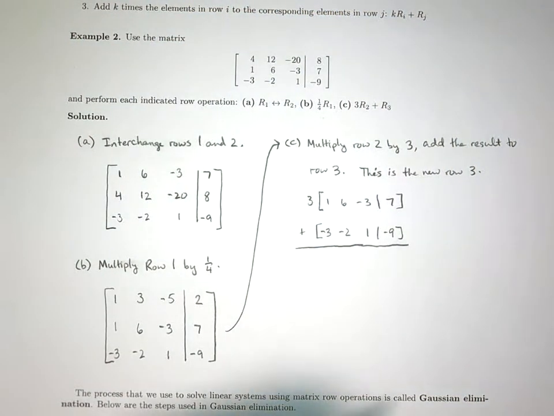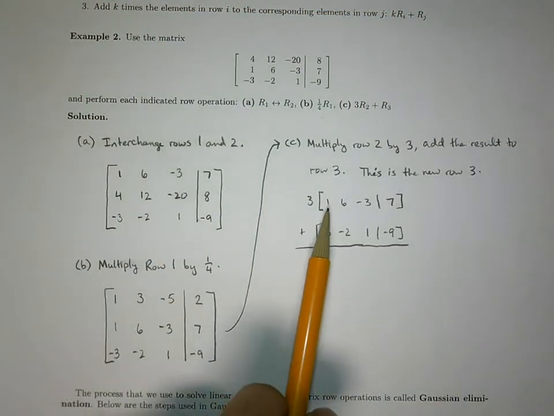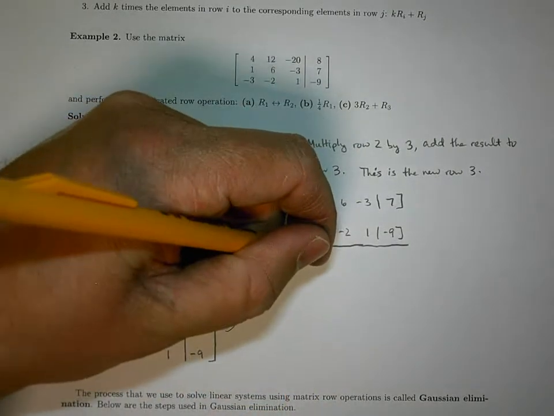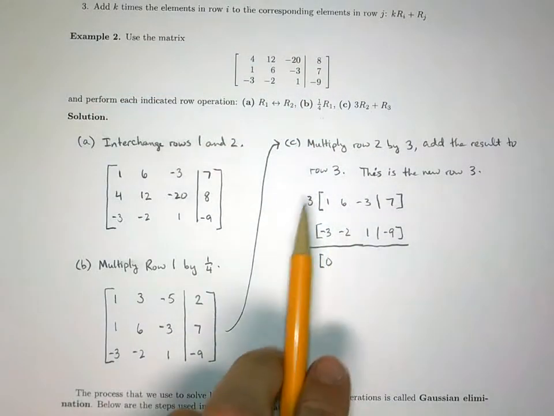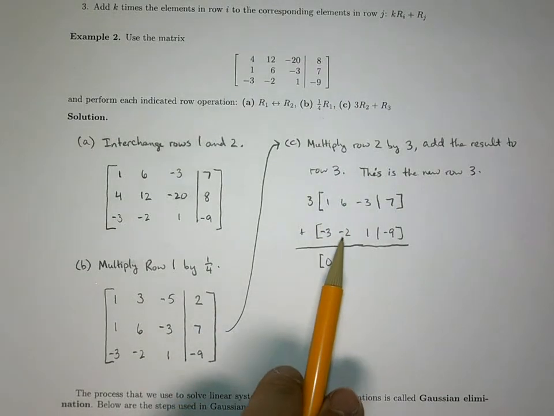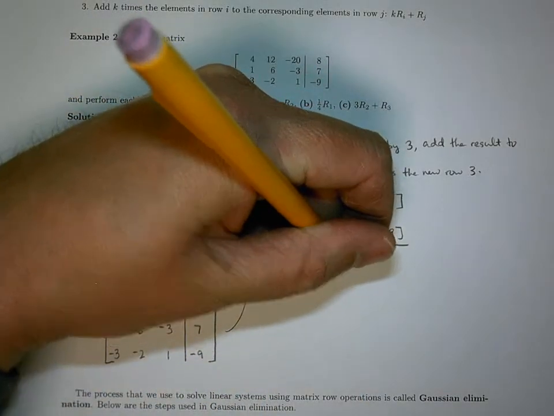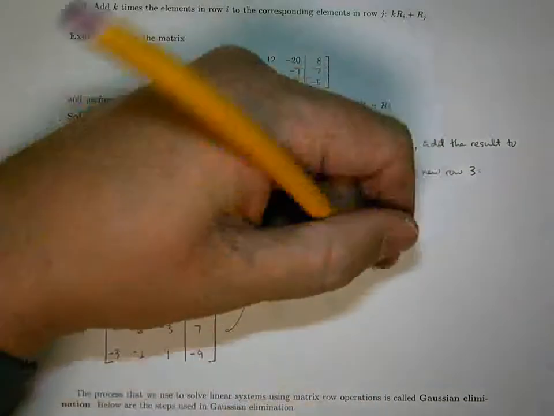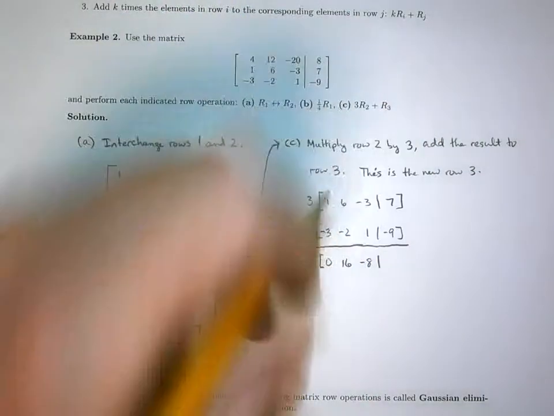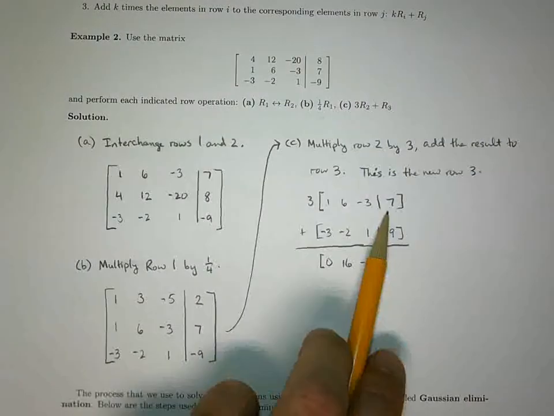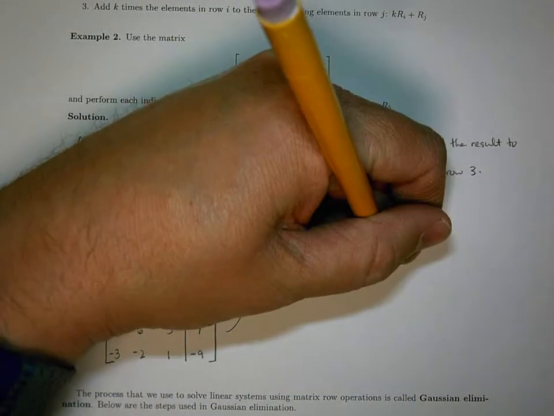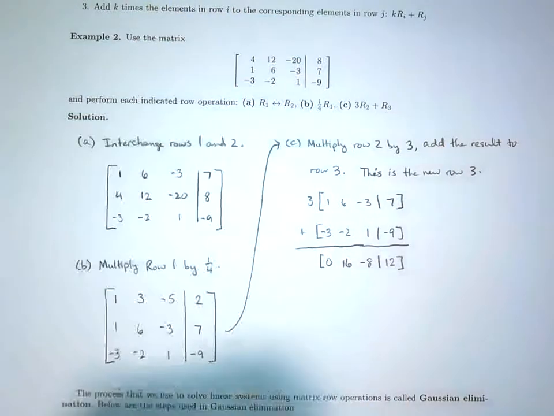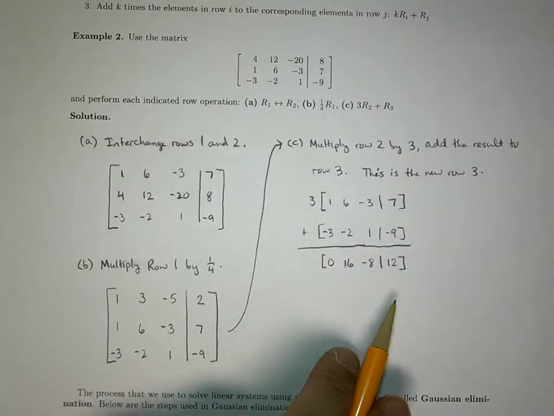And now let's do the addition. 3 times 1 is 3, minus 3 is 0. 3 times 6 is 18, minus 2 is 16. 3 times negative 3 is negative 9, plus 1 is negative 8. 3 times 7 is 21, minus 9 is 12. So this is going to be the new row 3.